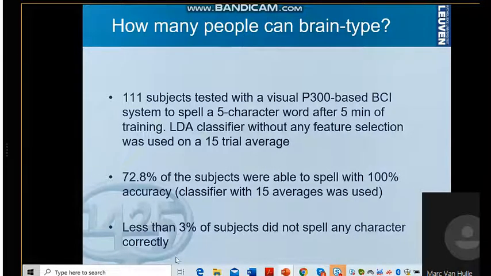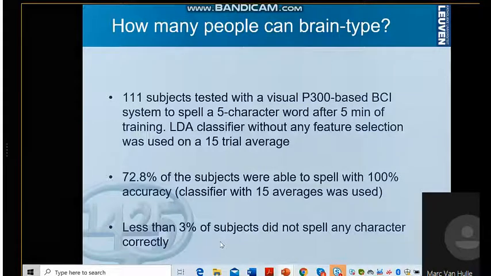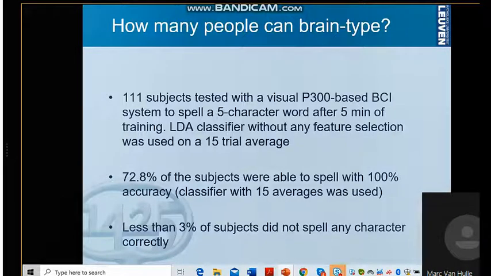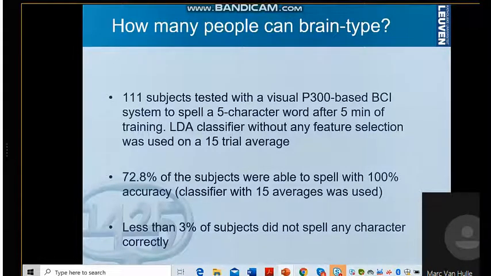So these are the problematic subjects, that we call illiterate to that particular brain-computer interface paradigm, and you will see numbers for that. You do have individuals for whom, for some reason, that paradigm doesn't work, and you can try another paradigm, and maybe that one does work.